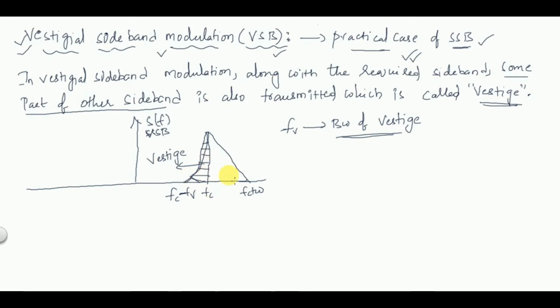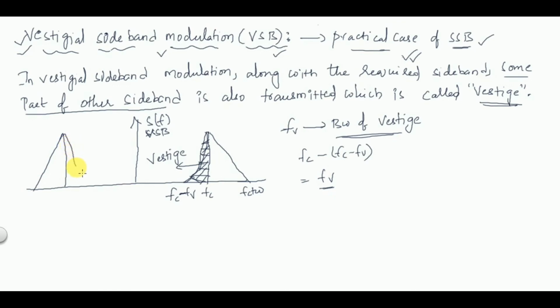If you take the bandwidth of this vestige only, the highest frequency is FC and the lowest frequency is FC minus FV, so you will get FV. FV will be the bandwidth of this vestige part only. On the negative half you will get the same thing.